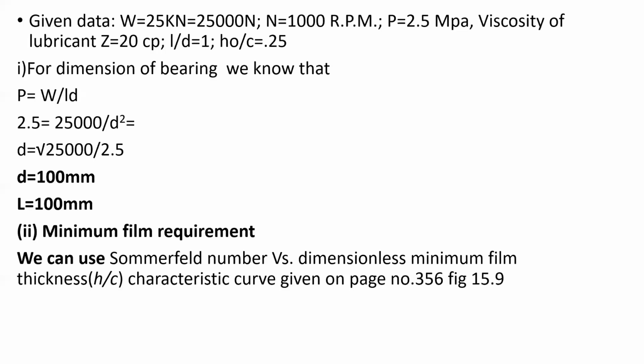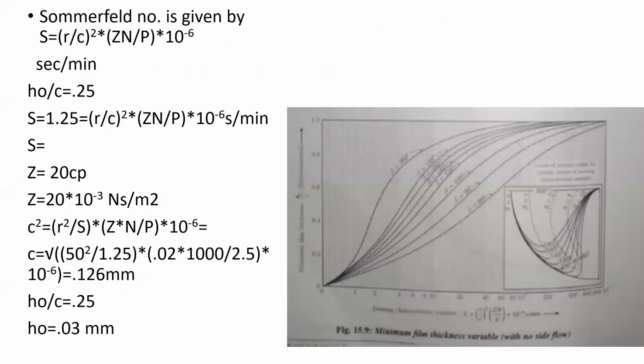So to solve this problem, we will use the Sommerfeld number versus dimensionless minimum film thickness characteristic curve, which is given on page number 356, figure number 15.9 in the Machine Design Data Book written by Mahadevan and Reddy. So this is the curve.